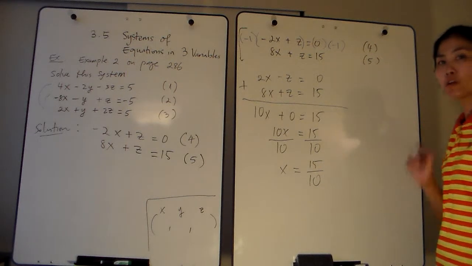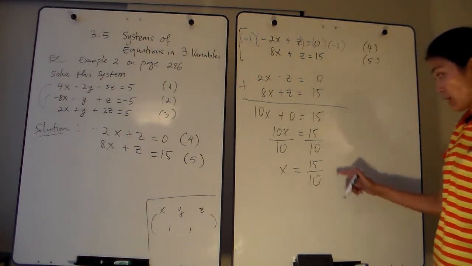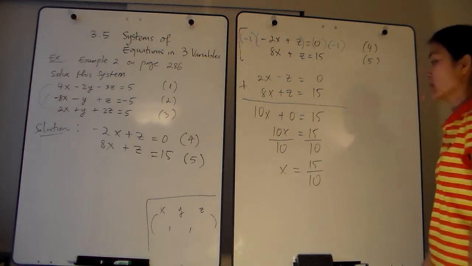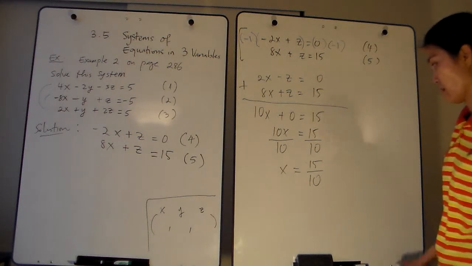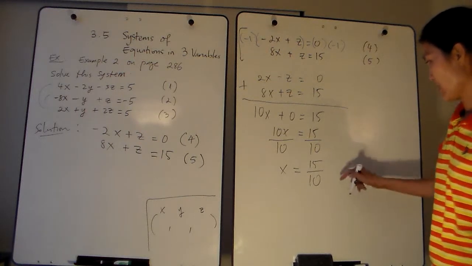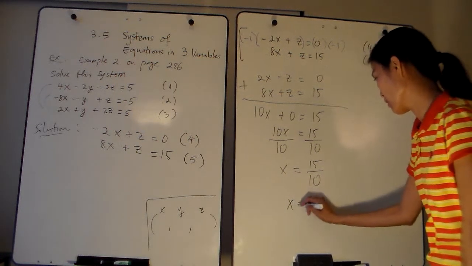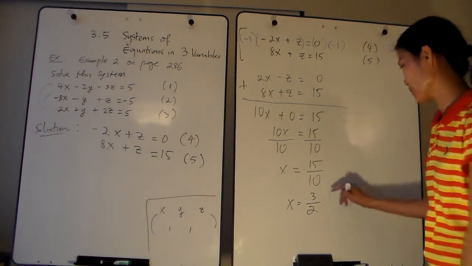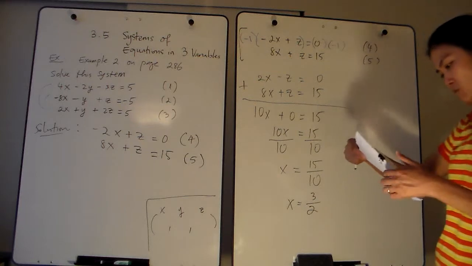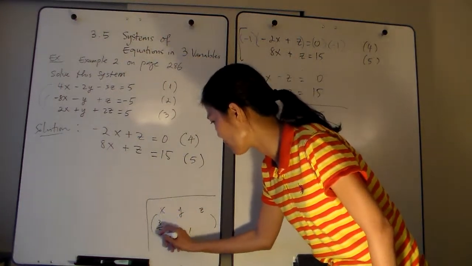Now, you're not done yet. This is not a simplified answer because this is a multiple of 5, and this is a multiple of 5. Looks like you can simplify further. So if you divide by 5, 15 divided by 5 is 3, 10 divided by 5 is 2. So x is 3/2. Okay, so we have x equal to 3/2 here.